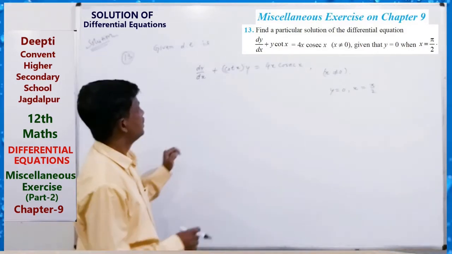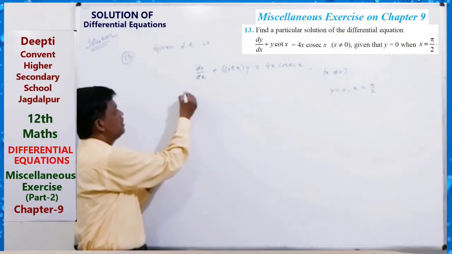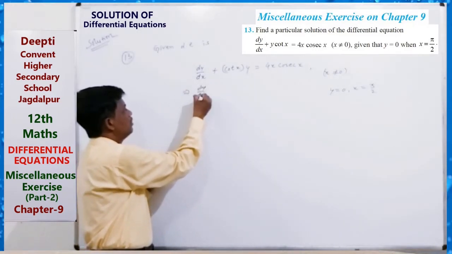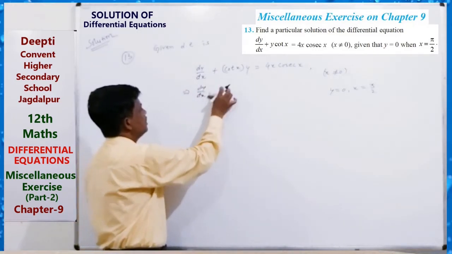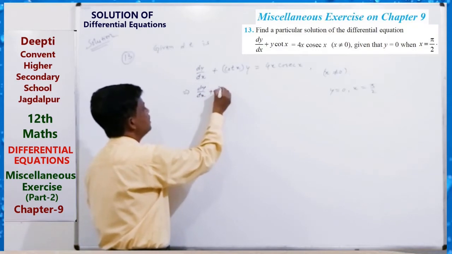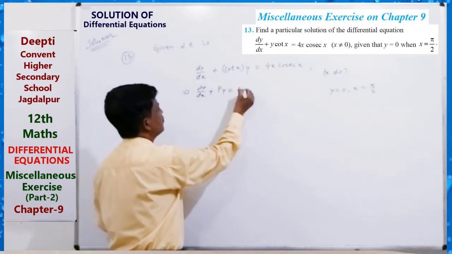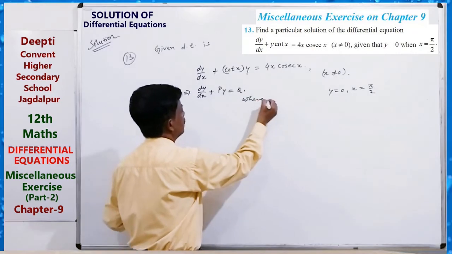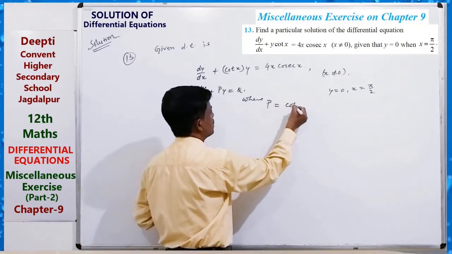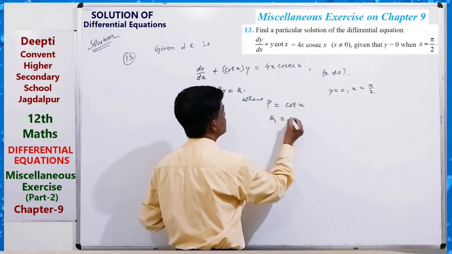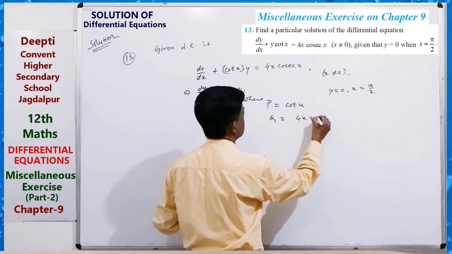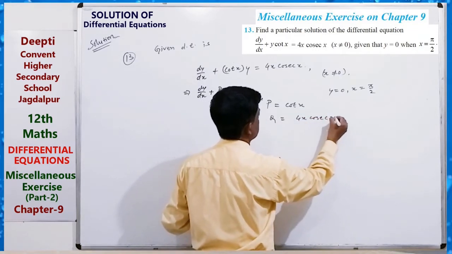So it is very clear that it is of the form dy by dx plus p y equals q, where p is cot x and q is 4x cosec x.